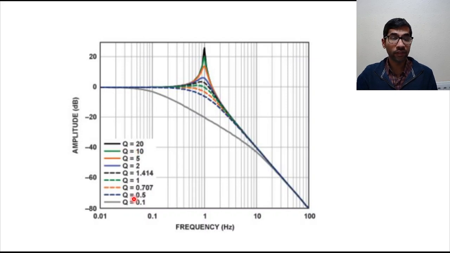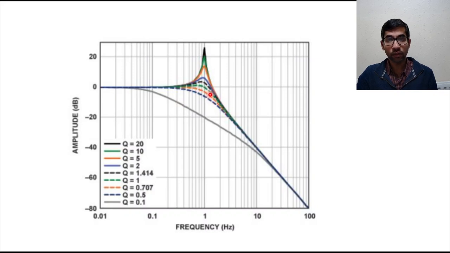Okay, so you can see that for a very low Q, take a look at this filter. It's very slowly changing, right? And you have a characteristic like this, which is kind of monotonous in the sense that it's always decreasing. For Q equal to 0.5 as well, you have that.